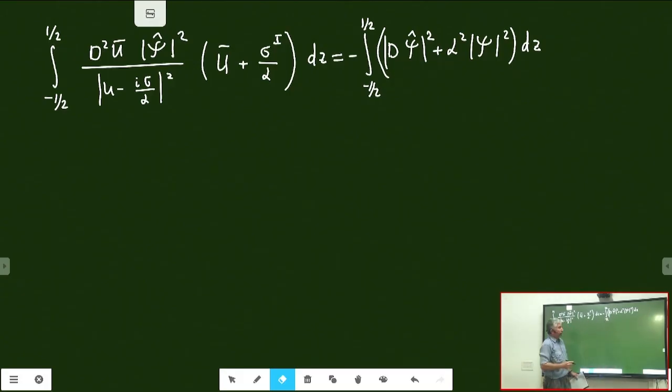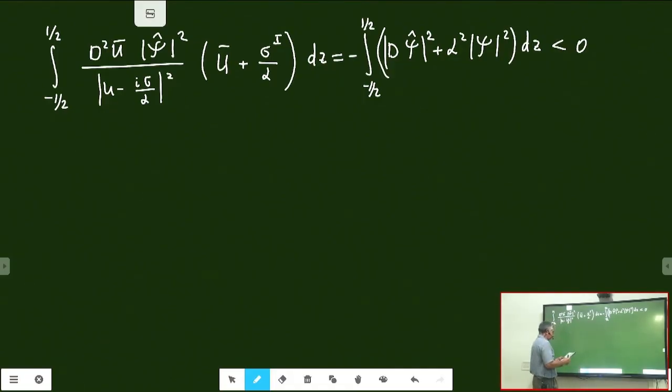The reason is simple, because this is a sign-definite function, so it is positive. The integral of a positive function is positive. There is a minus sign in front of it, so this is definitely negative. So that means this whole thing must integrate to give me a negative quantity.